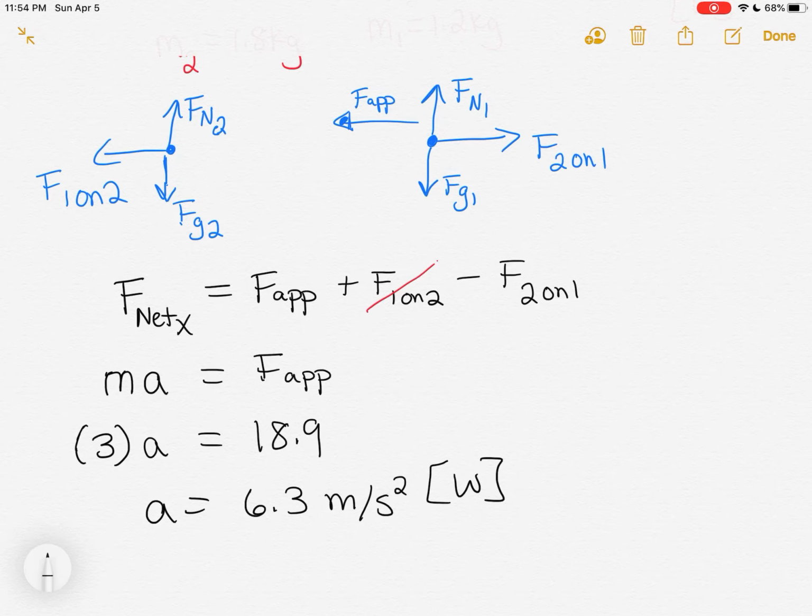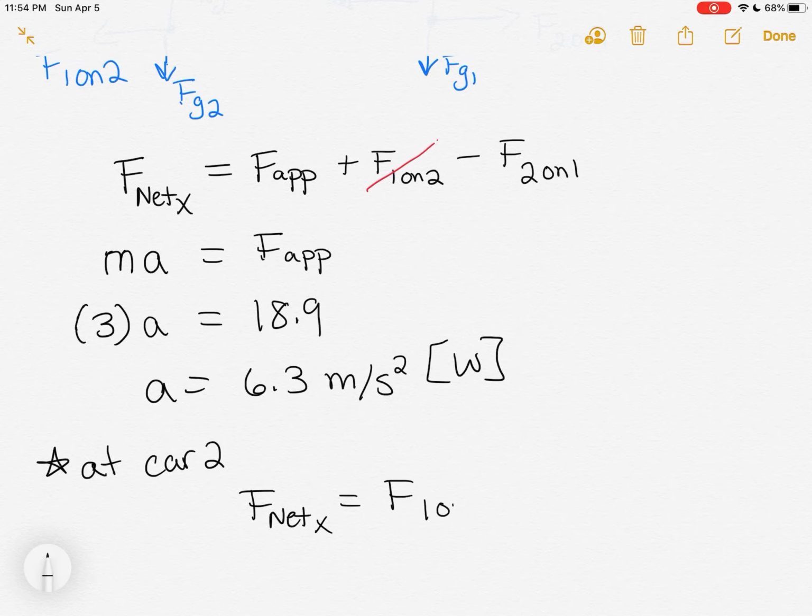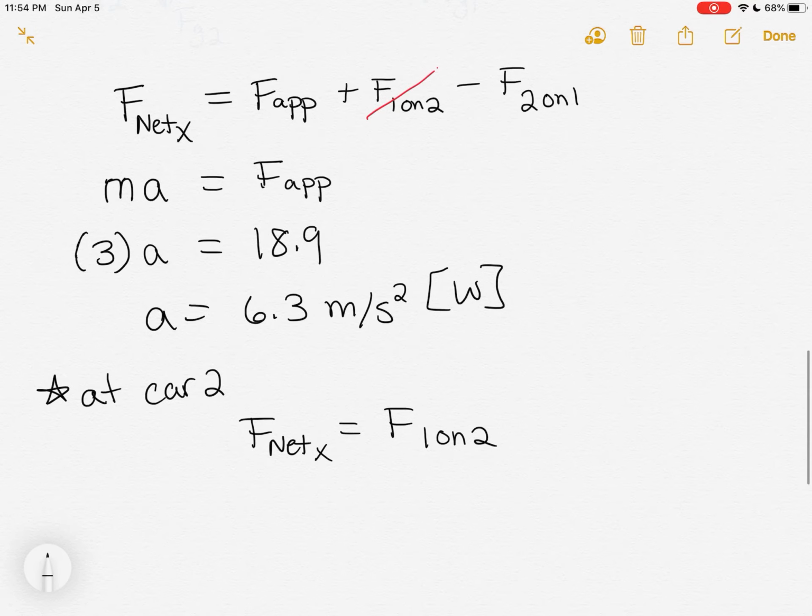All right. Part B, we're asking to find the force that cart 1 exerts on cart 2. So we're looking specifically only now at cart 2 so that we can look at the net force on the x-axis on cart 2, and it's only the force of 1 on 2.